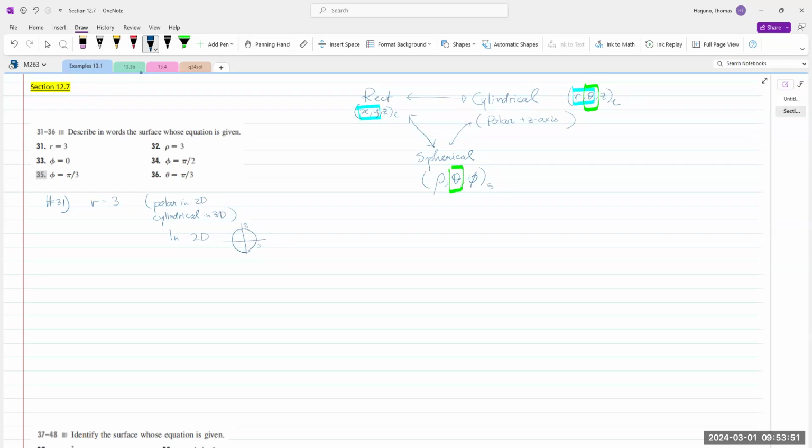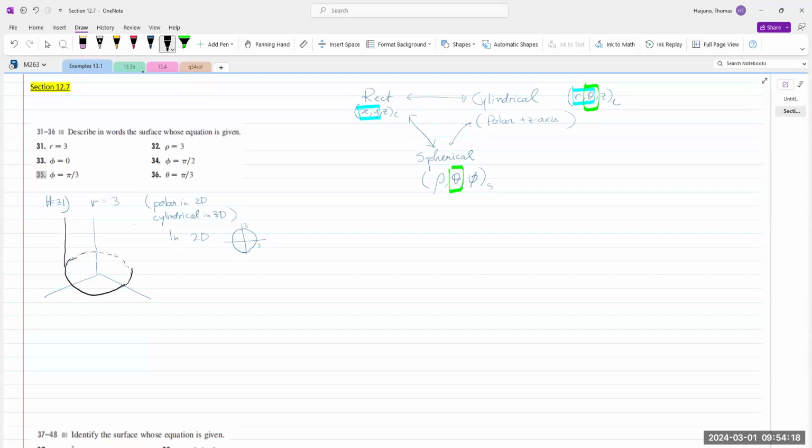Okay, but what happens in 3D? In 3 dimensions, of course, the cross-section on the xy plane will be a circle, but then we copy this circle along the missing axis, in this case the z-axis.